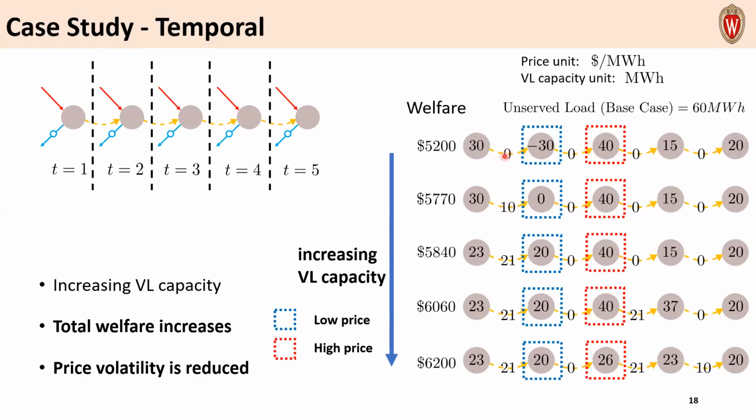In the first case, we see great price fluctuation with a large price gap of 70, but in the final case, the price gap reduces to just 6, which is much smaller. Also, again, there is some unserved load in the base case, which is cleared once virtual links become part of the market.